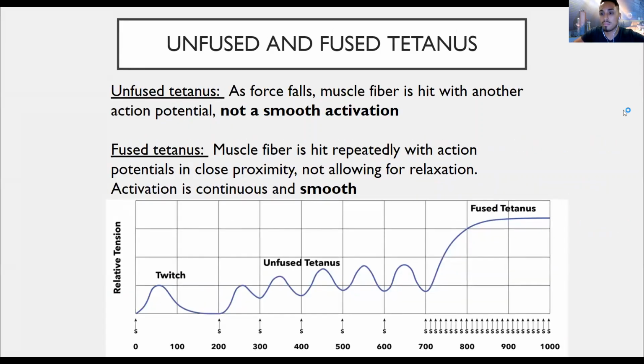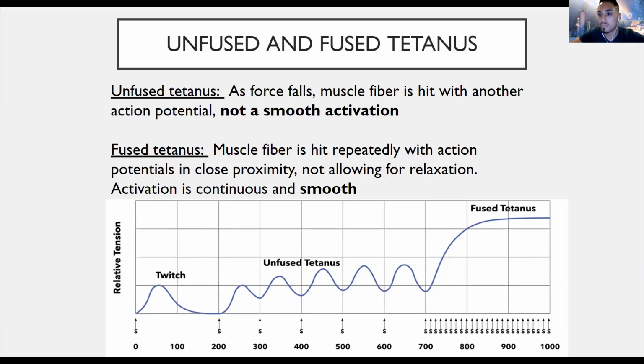Okay, so we have 2 types of tetanus. We have fused and unfused tetanus. Unfused tetanus is when force will fall, but as you can see from this graph, do you see where the S's are with the arrows? We're applying action potentials, but they're pretty spaced out.